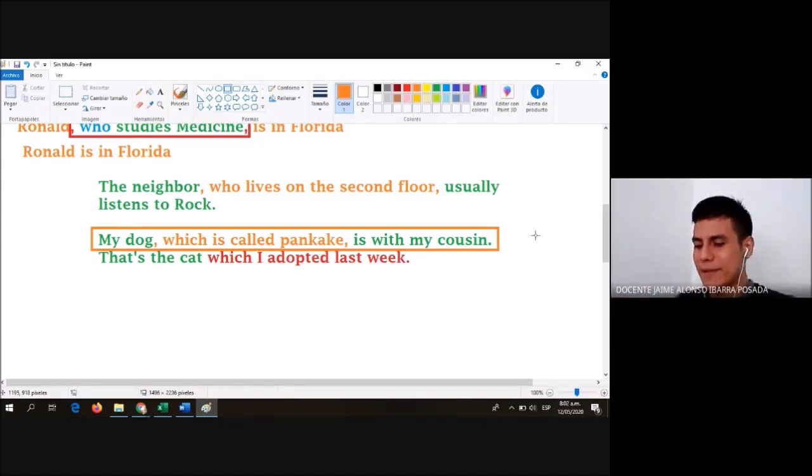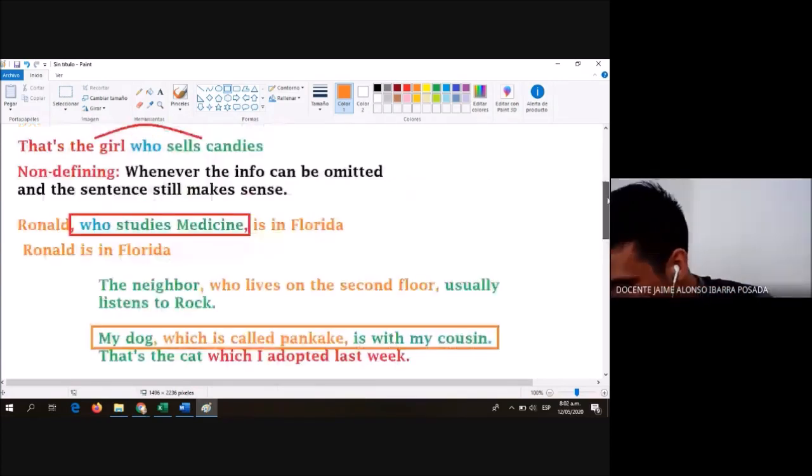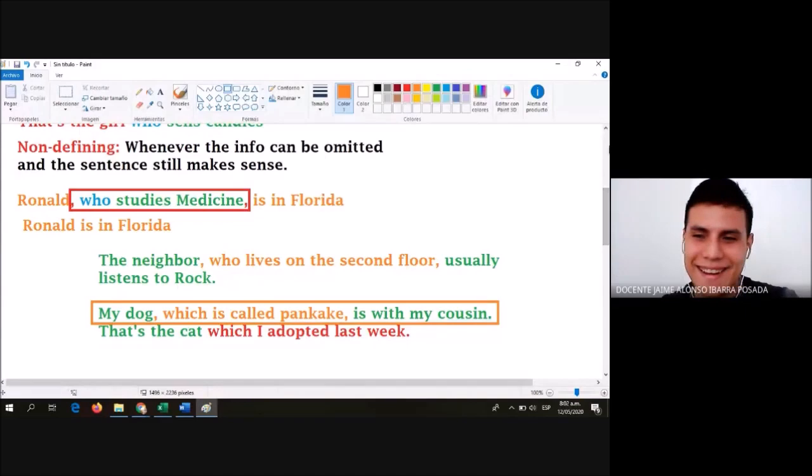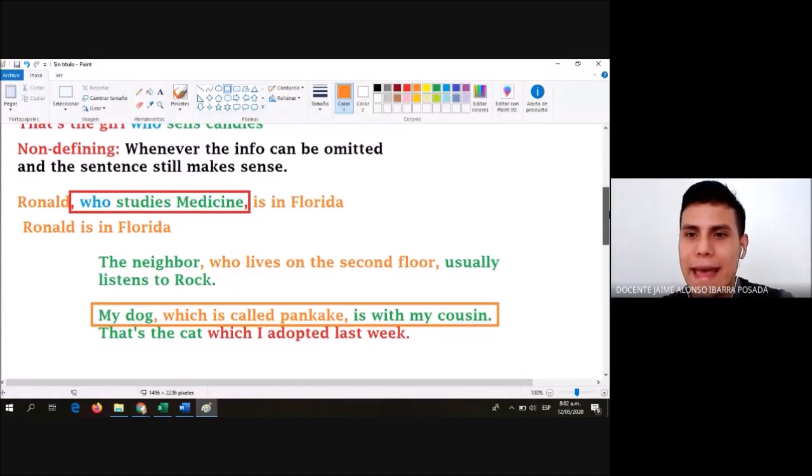Okay, better if you call it non-defining. Non-defining would be, I think, more appropriate. I've never heard of unidentified. Cool, mates. So let's go for that.